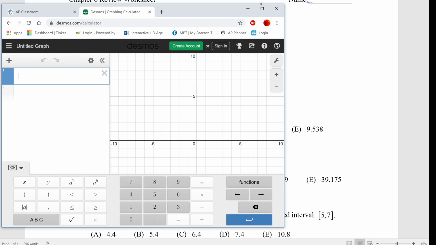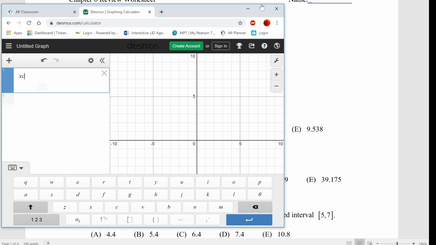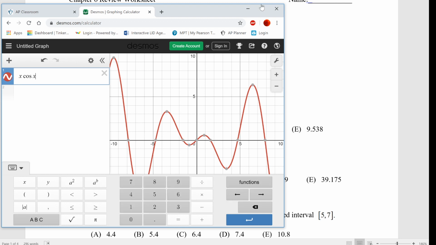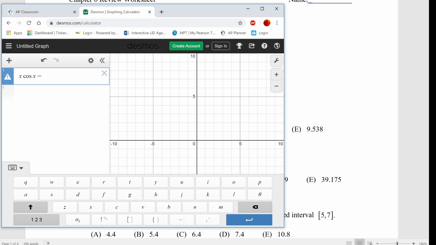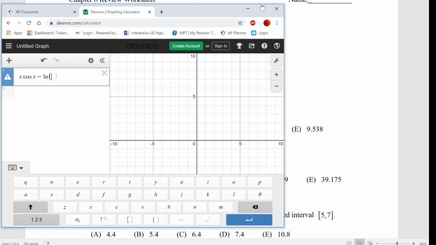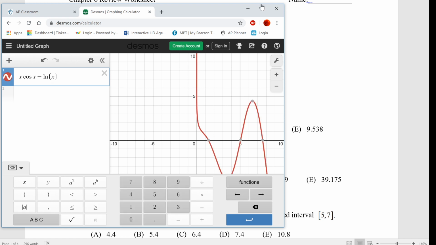So x cosine x minus natural log of x plus 2. This is a lot easier with a keyboard.